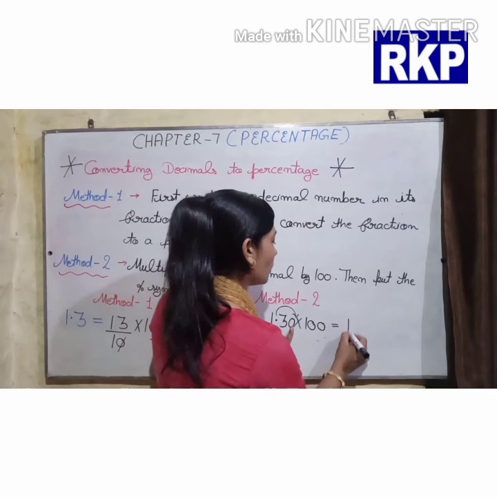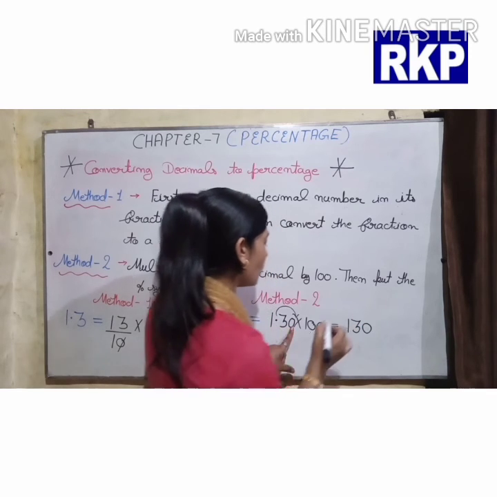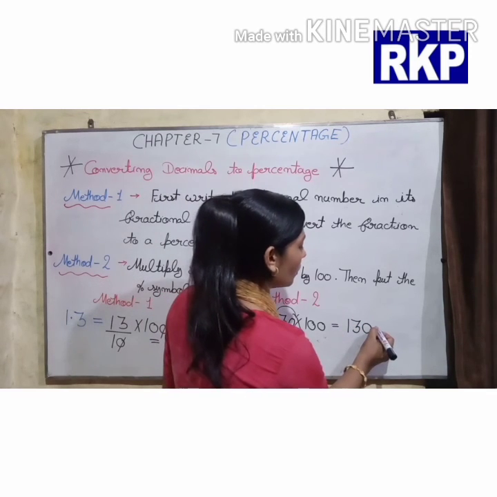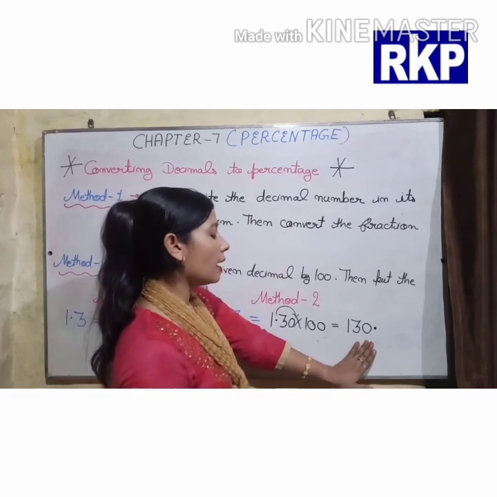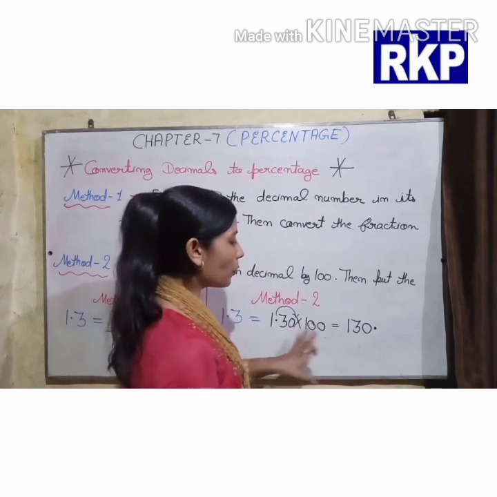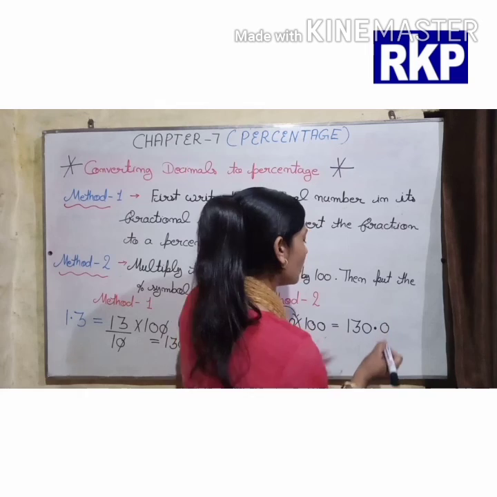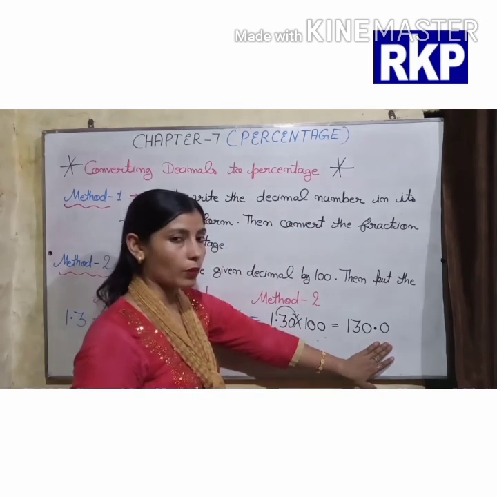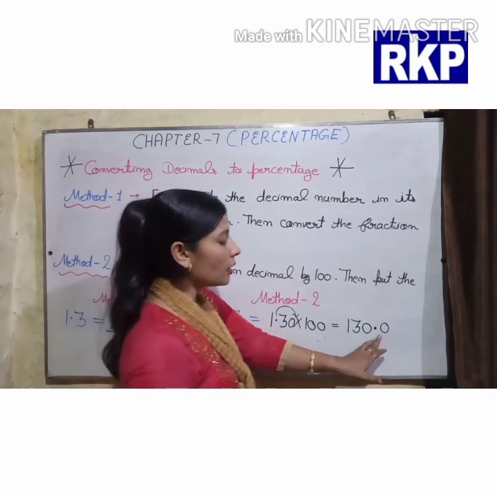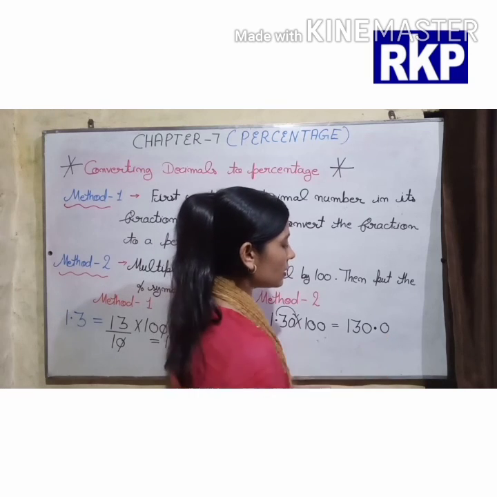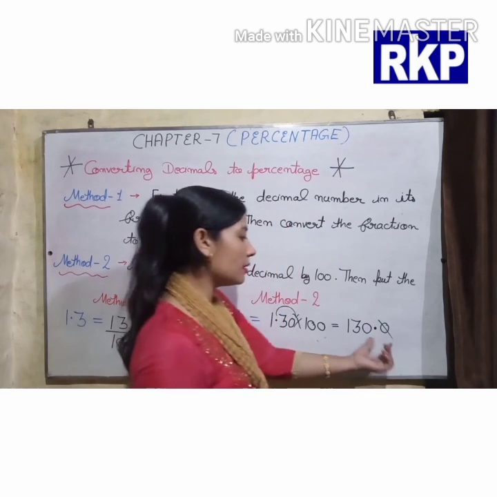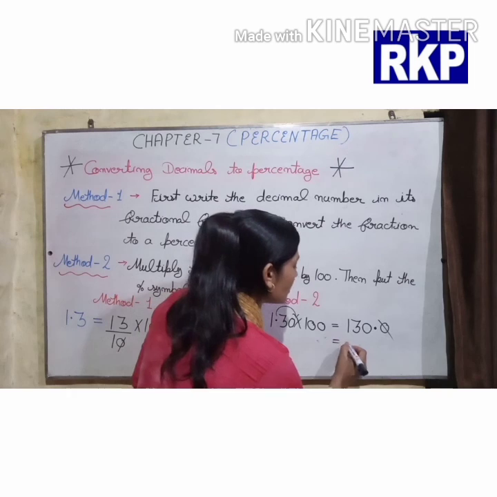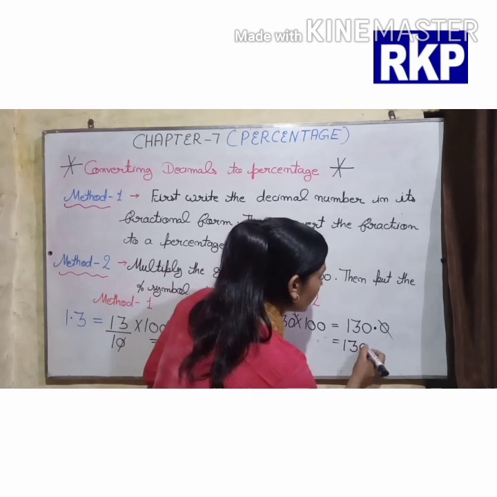Okay, so 1 3 0, and after this 0 we have to put the decimal point, and here after this decimal point we don't have any digit, so here we can write 0. Okay, but beta we know there is no value of this 0 after this decimal point, so no need to write this 0. Okay, means we can write only 130.